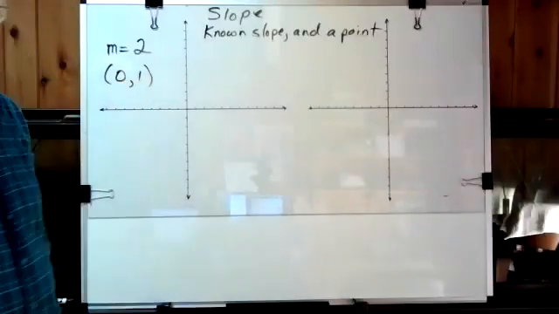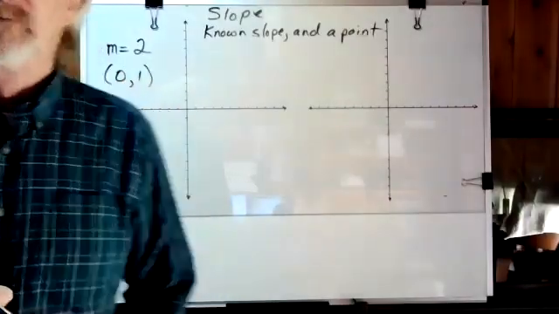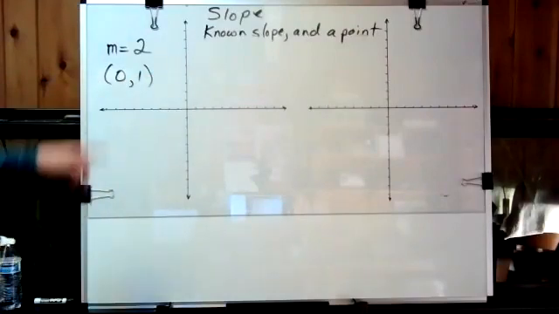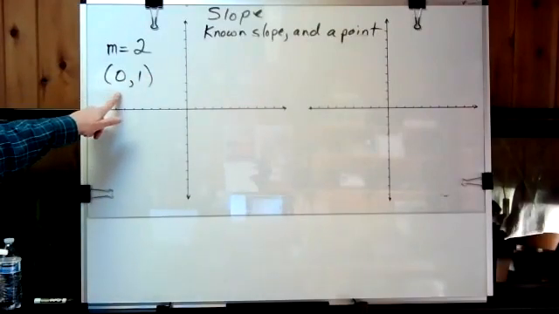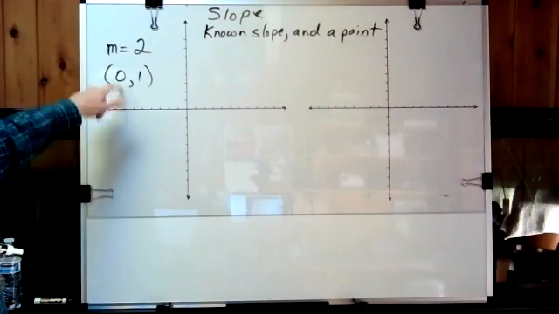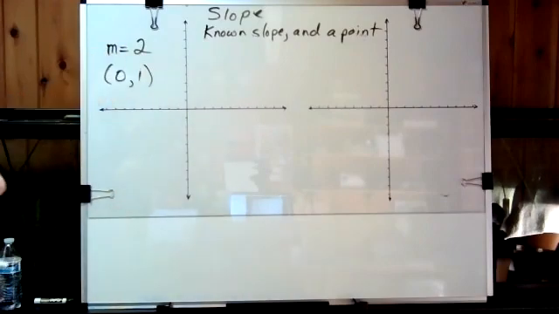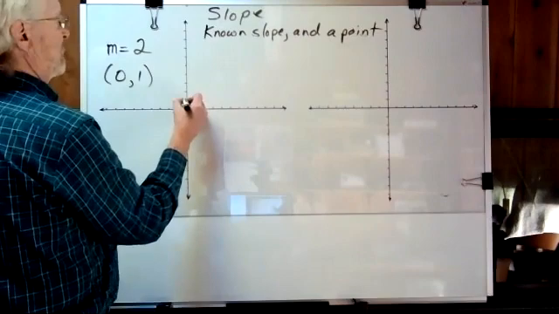But I'll do that again. A slope of 2 and a known point 0, 1. Because x is 0, that is the y-intercept. 0, 1. I know that point.